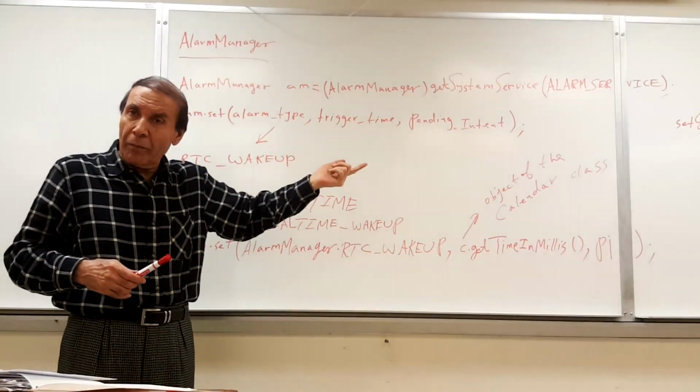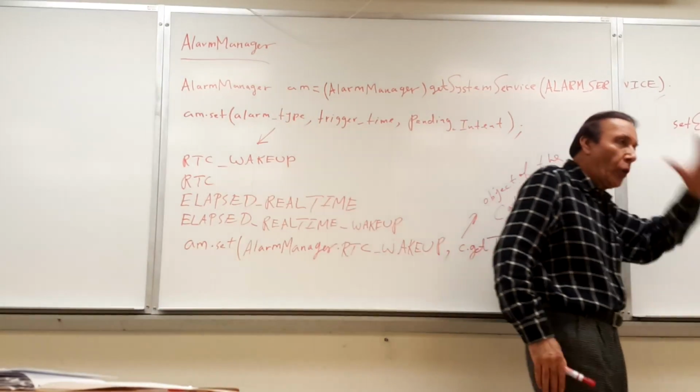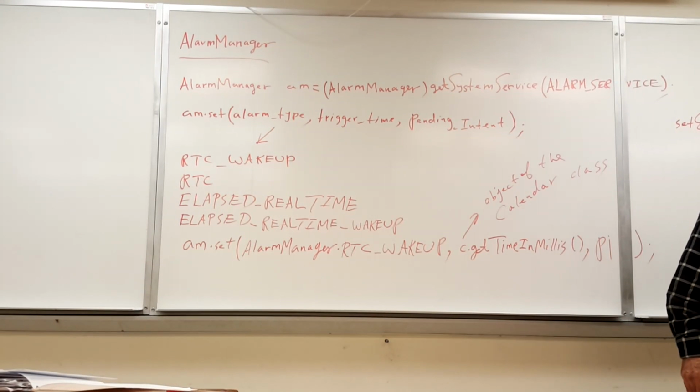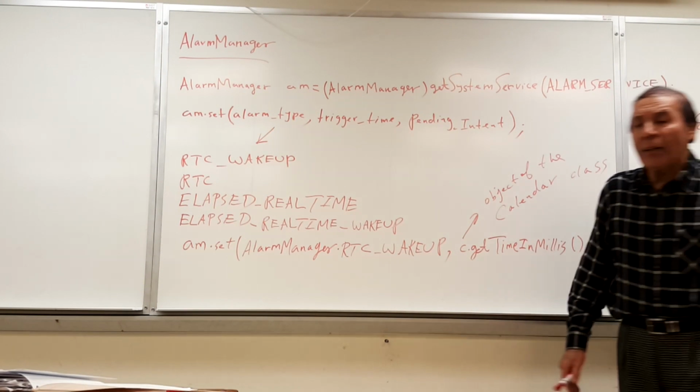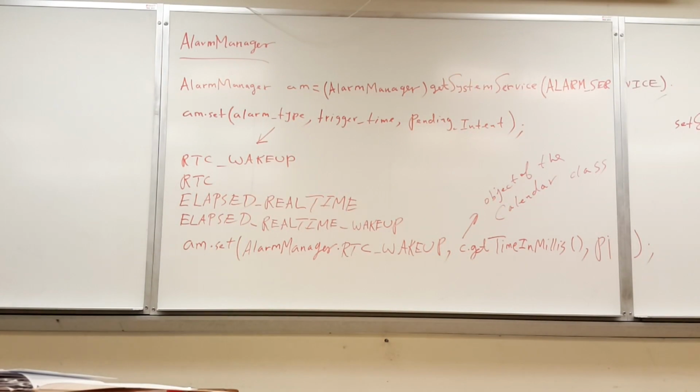When Marshmallow came, even set exact was not working exactly. Following? And finally, we found out that none of these methods are made to work exactly on certain seconds or milliseconds. Later on, we found out that the reason is saving energy.